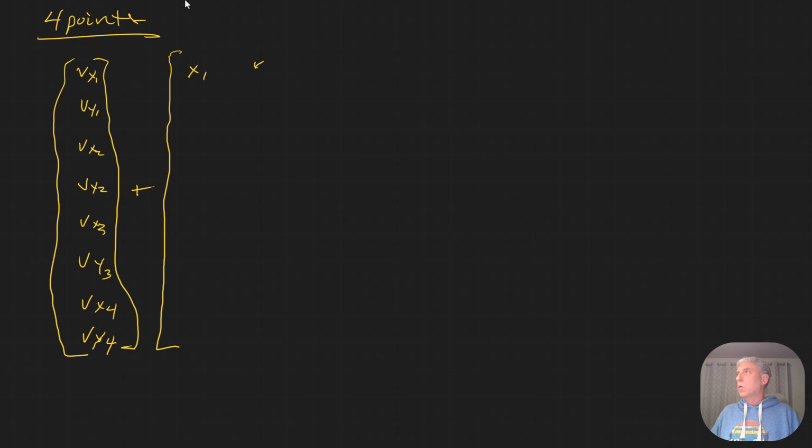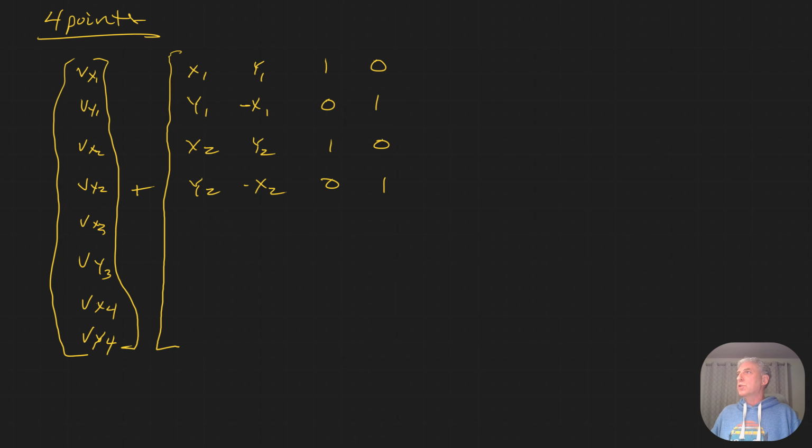x1, y1, and then just 1 and 0, and then reverse them, y1, but it's a minus x1, and then 0 and 1, and then x2, y2, 1, 0, and then y2 minus x2, 0, 1, and then x3, y3.